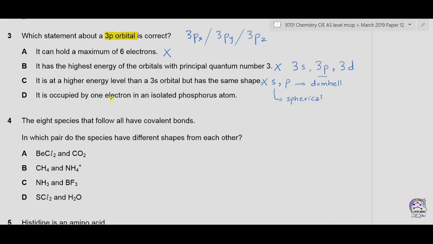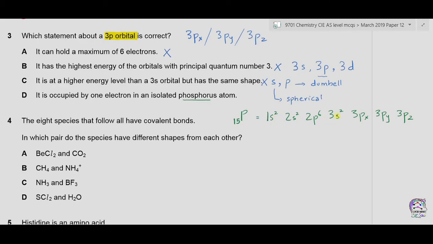D. It is occupied by 1 electron in an isolated phosphorus atom. Let's find out the electronic configuration of isolated phosphorus atom. We have atomic number equal to 15. So the electronic configuration will be 1s2, 2s2, 2p6, 3s2, 3px, 3py, 3pz.